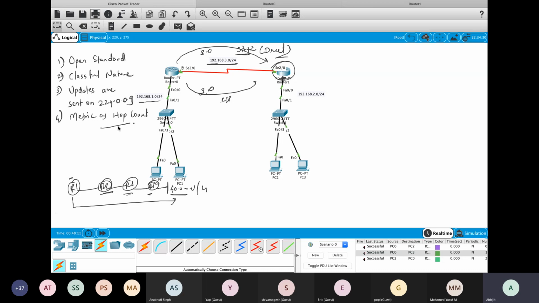Then R1 will make an entry that 40.0.0.0 is known with an AD of 120 and 3 hops away. You see that?